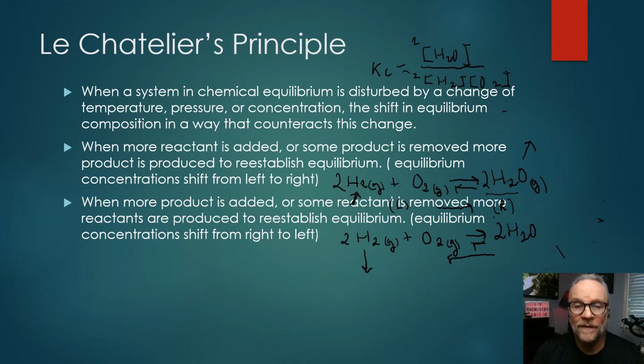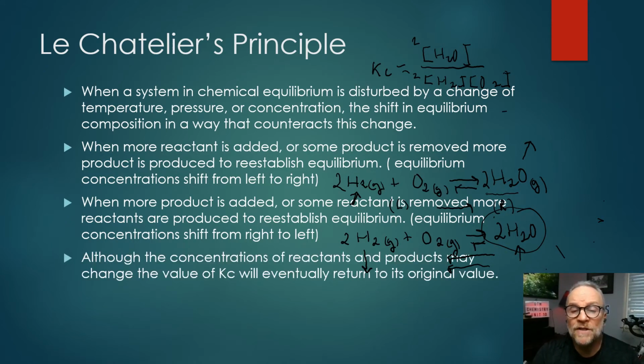In this case, let's say that we add more product, the reaction is going to shift from right to left also. So it says here, if the reactant is removed or more product is made, the reaction shifts to the left, like so. All right.